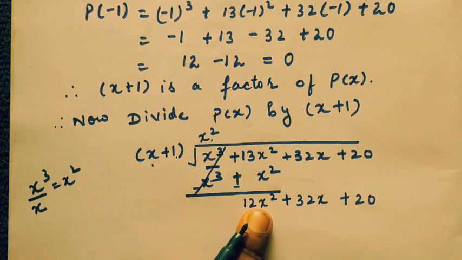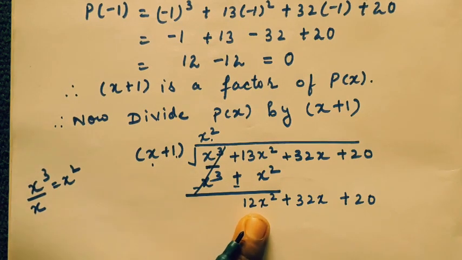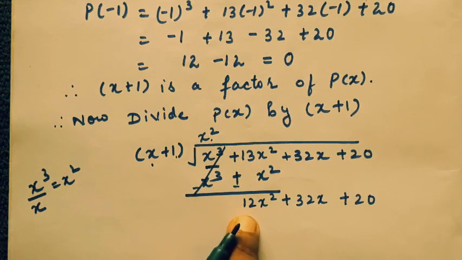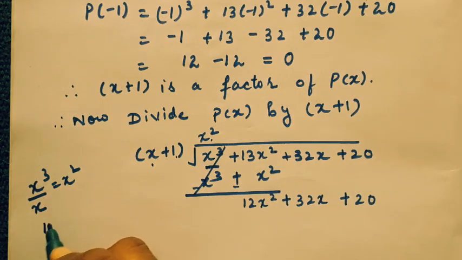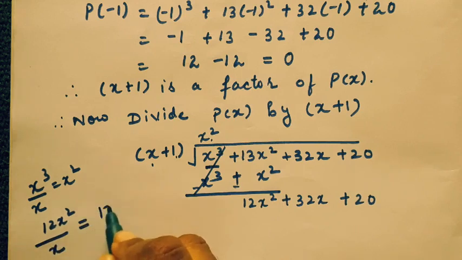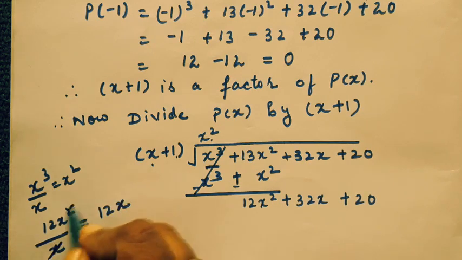Now again, to find a number which by multiplying it with, I get the first term the same, I will divide the first term with its first term. See, 12x square divided by x, I get 12x. The x will cancel out.